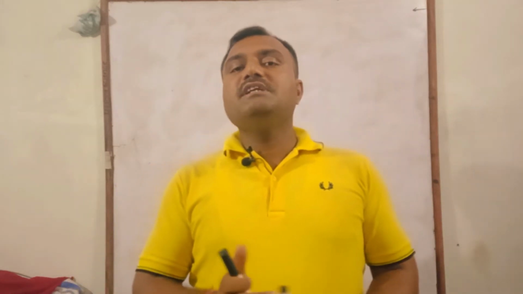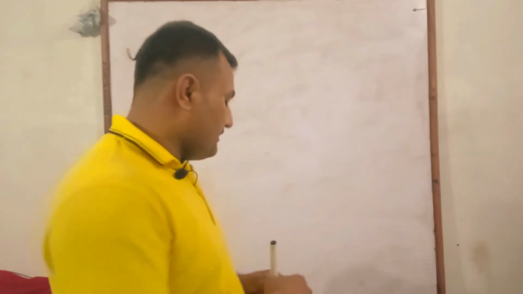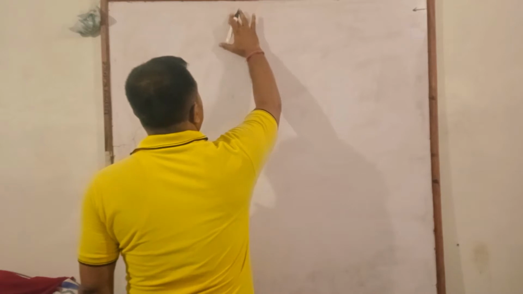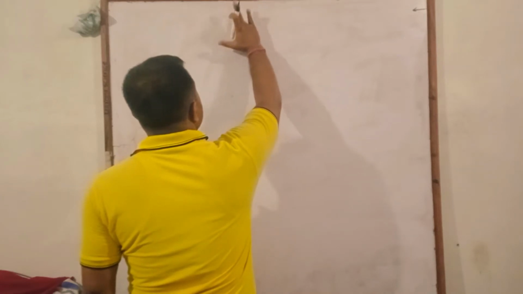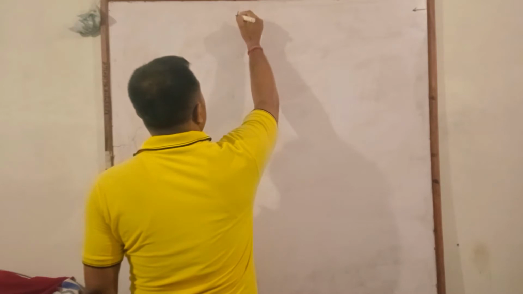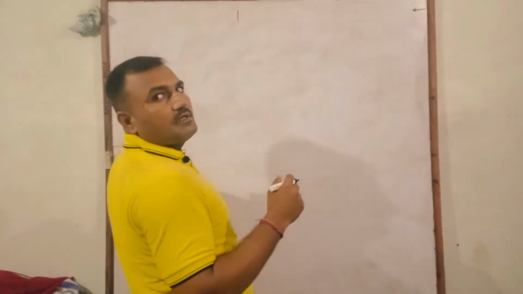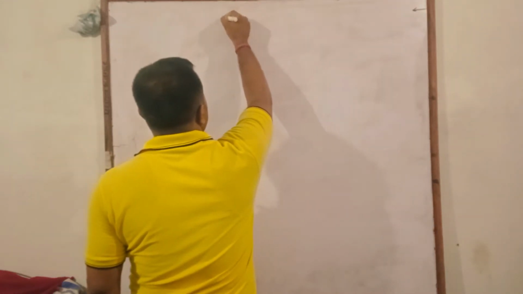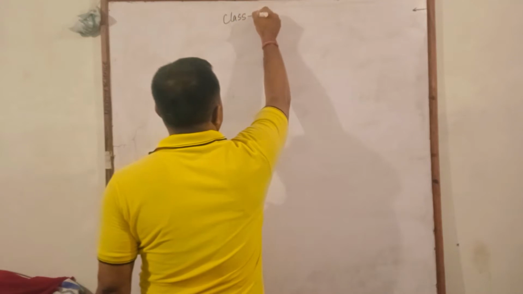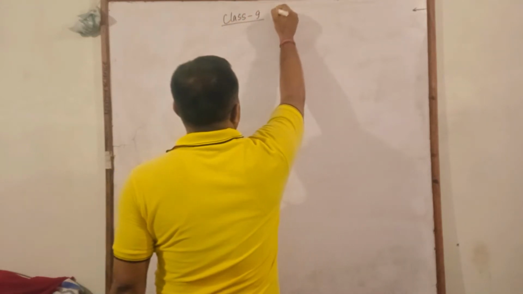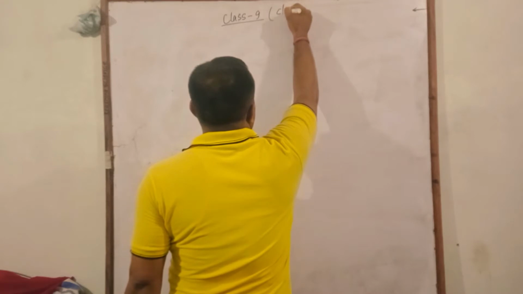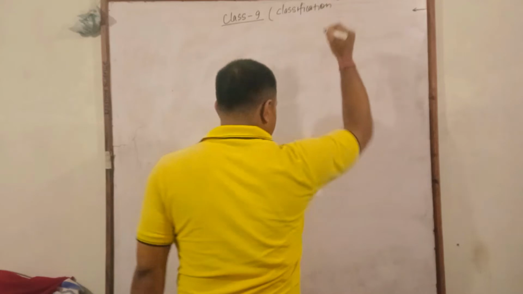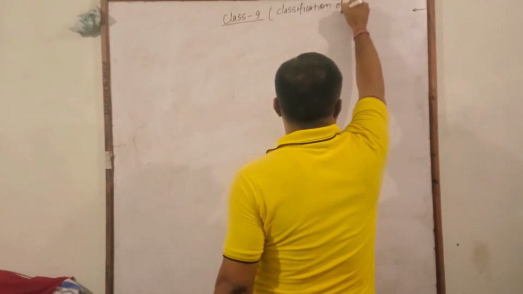At first we define what is chemical bond. This chemical bond chapter belongs to chemistry of class 9. The name of the topic is classification of elements.